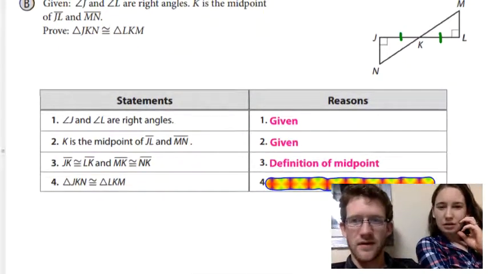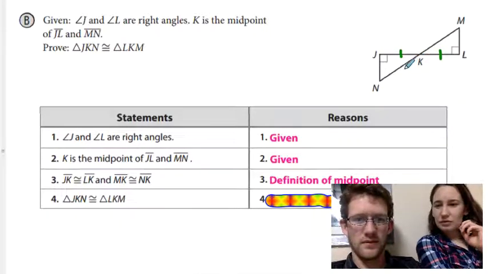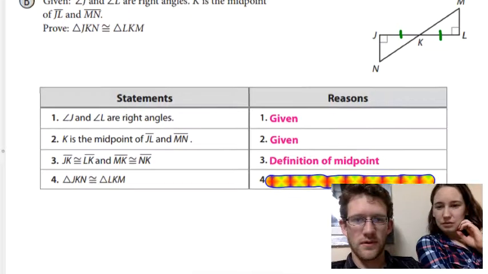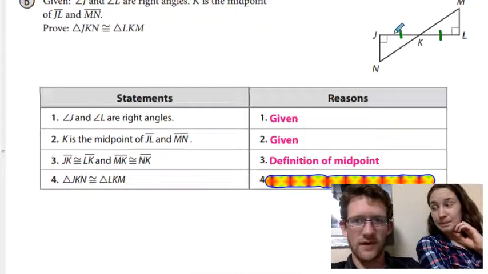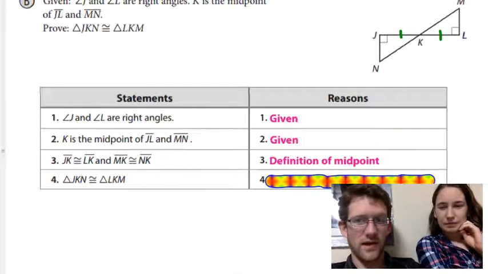And then finally, note here, some people would say, oh, look, I can use the vertical angles, but we don't need to at this point because do I have a 90-degree angle? You do. Do I have a leg? Yep. Do I have a hypotenuse?